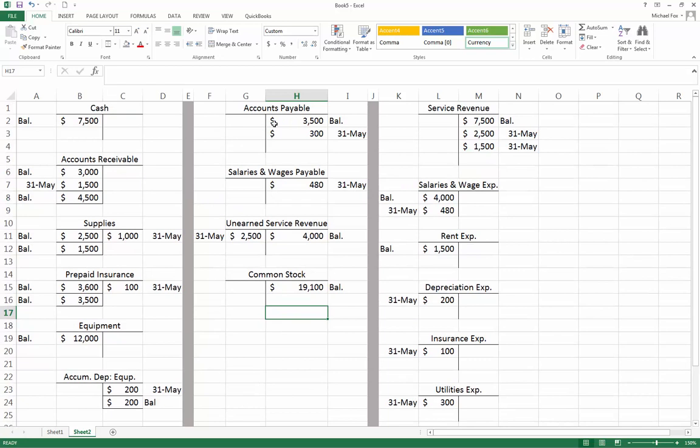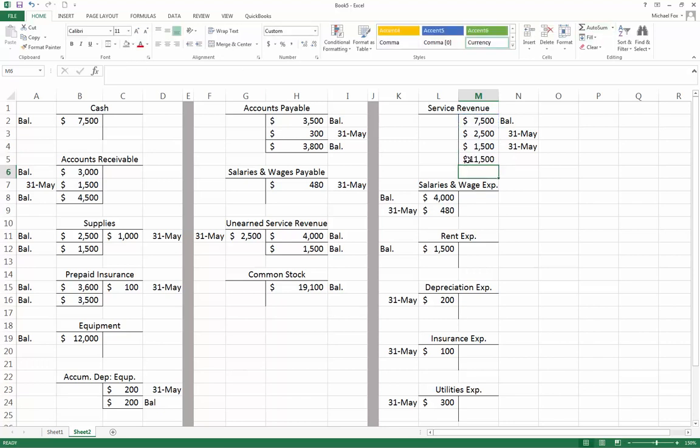Liability accounts. So now the normal balance for liability accounts is on the credit side. So the balance in our accounts payable account is 3,800. Salaries and wages payable. Here for unearned revenue, we're going to have the credit side minus the debit side. So a new balance of 1,500. Service revenue, remember revenue accounts have a normal balance on the credit side.